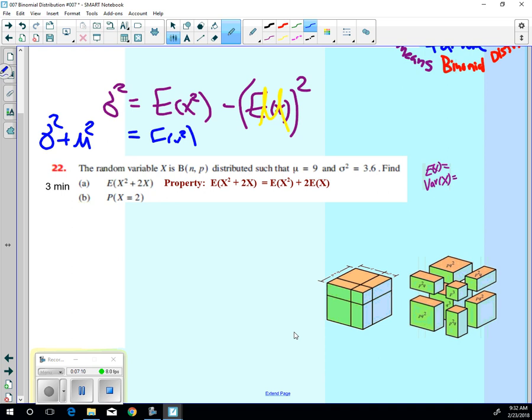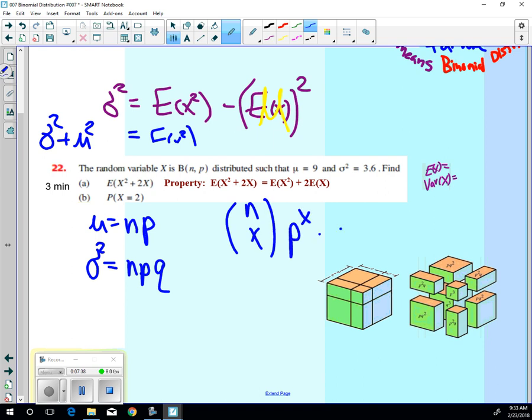So what you're going to do for that is if mu is equal to n times p, and the variance is equal to npq, we need to find, for this one, what is it for 2? You need n choose x, p to the x times q to the n minus x.